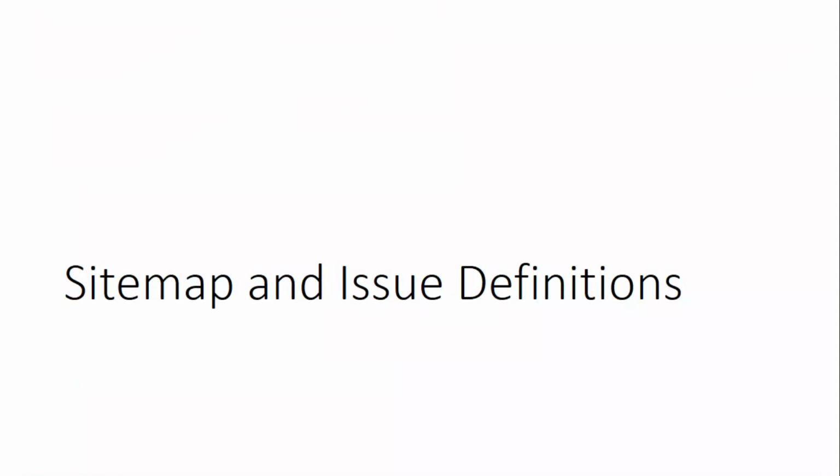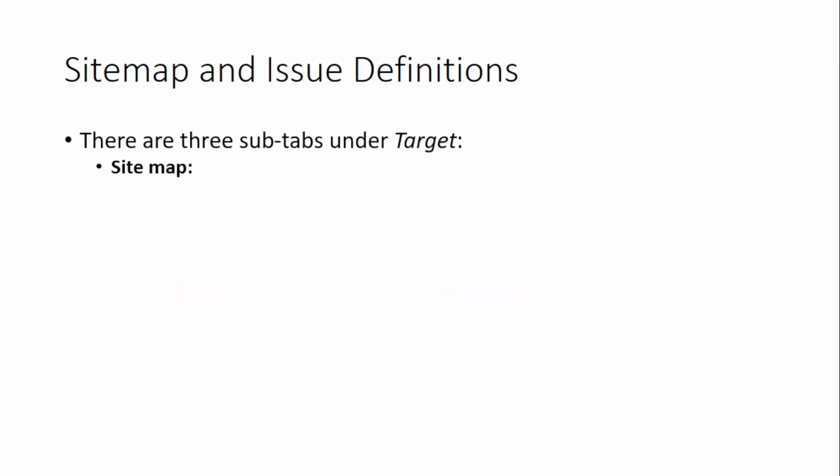The control of the scope may be the most useful aspect of the target tab, but it's by no means the only use of this section of Burp. There are also three sub-tabs under target. There's the sitemap, which allows us to map out the apps we are targeting in a tree structure, and every page that we visit will show up here, allowing us to automatically generate a sitemap for the target simply by browsing around the web app.